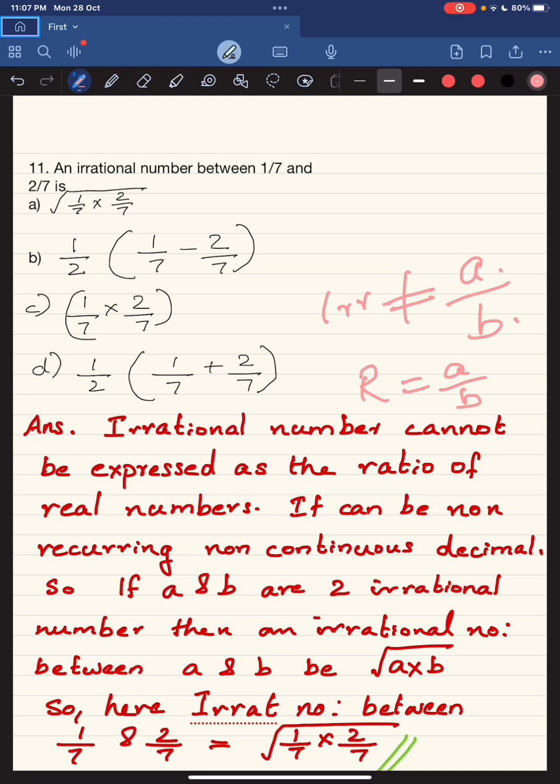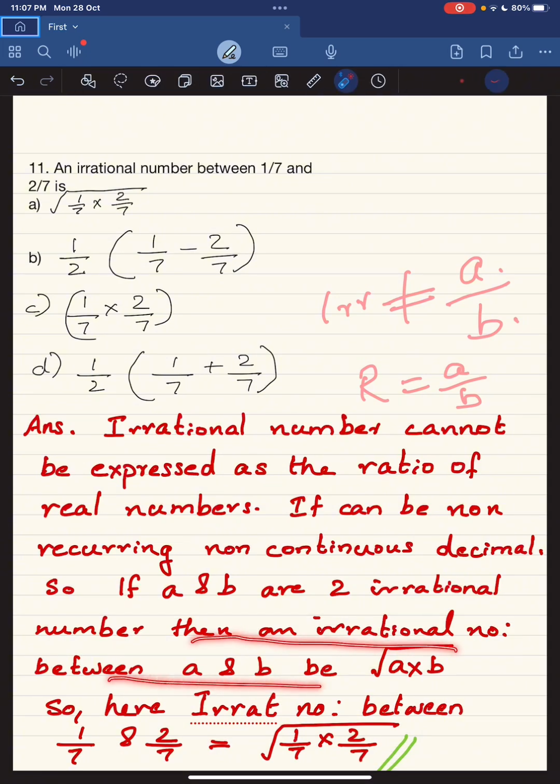So, if a and b are two rational numbers, then an irrational number between a and b is the root of a into b. So the irrational number will be of this form, root of a into b.